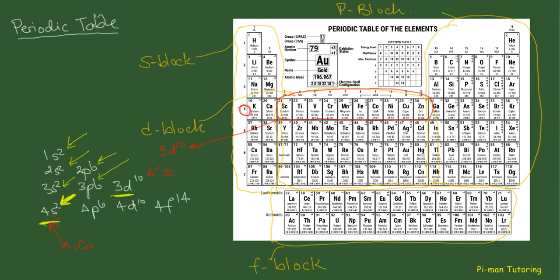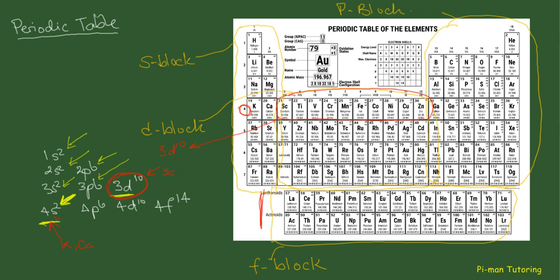So even though we are in period number 4, we're actually filling the 3d orbitals. And that continues through. Whenever you're in the d block, you are always one index behind in terms of n. And in fact, when you get down to the f block elements, you end up being 2 indices behind.